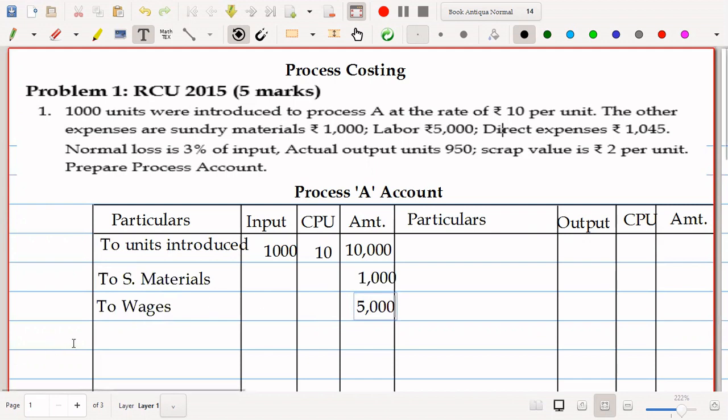And next, to direct expenses. What's the amount given? Direct expenses is 1,045.